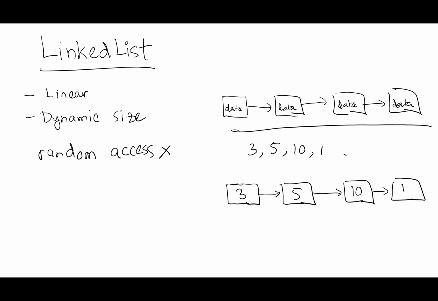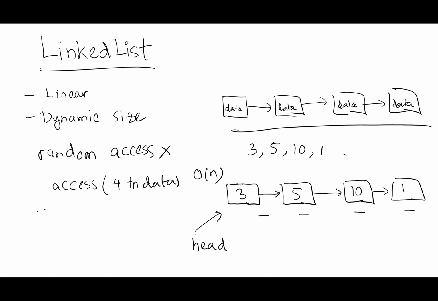So say if someone says search or find, say 1, or access, say fourth object, like fourth data or something like that, we just cannot jump there. So always what we have to do is start from the head of the list. The head of the list is here, right? And then we have to go through it 4 times. So access is order of n.